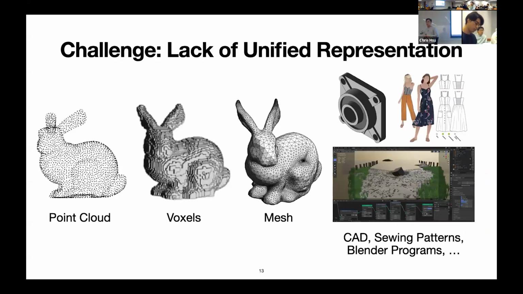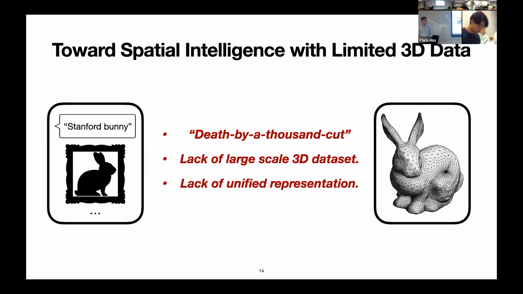Just to make it a little bit more challenging, these shapes are not stored in one unified representation. So there are different 3D representations people use for different applications. And this further divides the available data and also makes training one unified model that works for all a little bit more challenging.